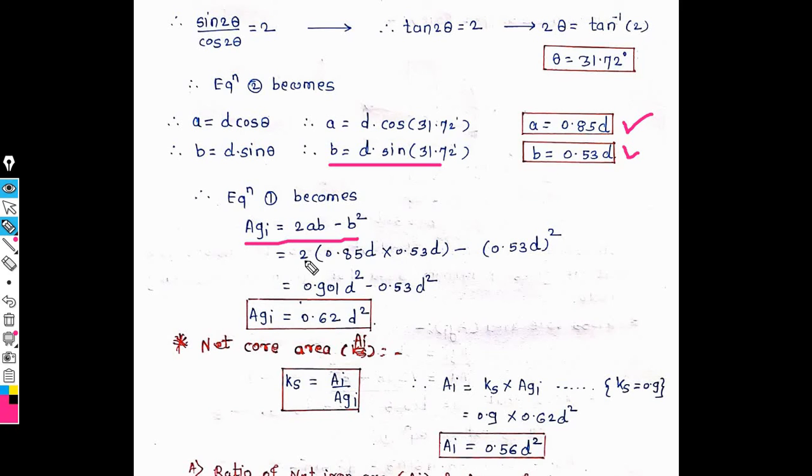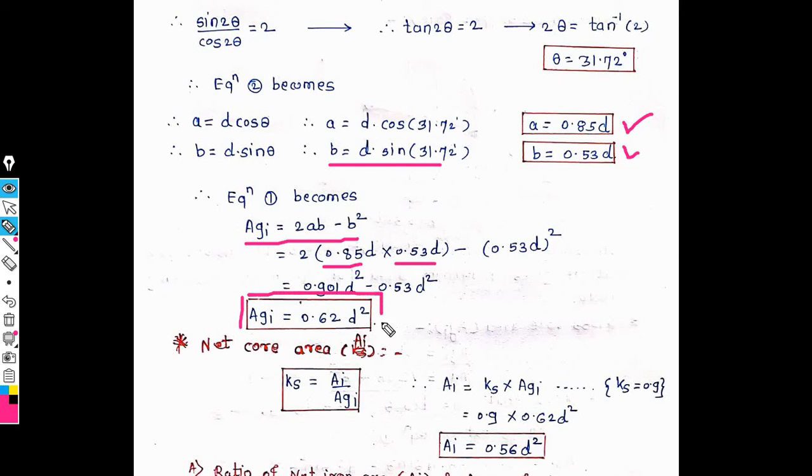Put the values: A is 0.85 d, B is 0.53 d, minus B square, that is 0.53 d square. Taking the multiplication, that is 0.901 d square minus 0.53 d square. Then the gross iron area AGI is equal to 0.62 d square. Now this is the value of AGI.